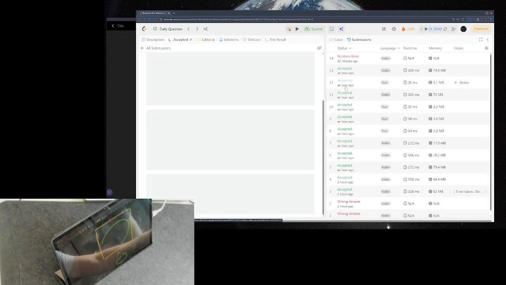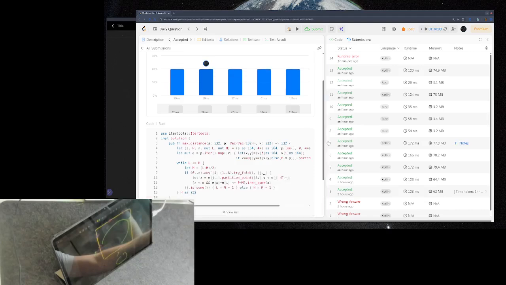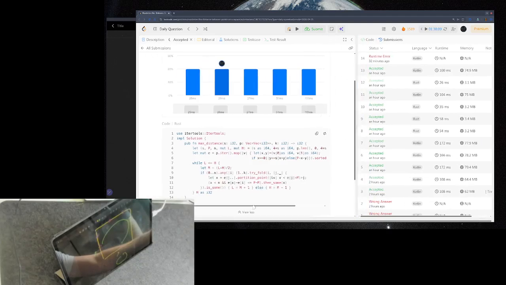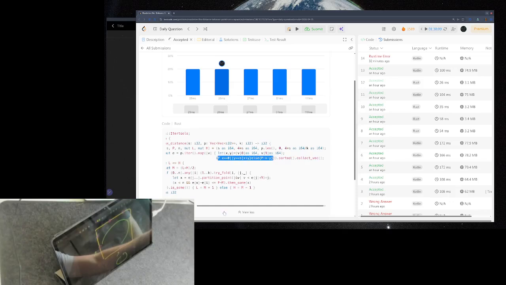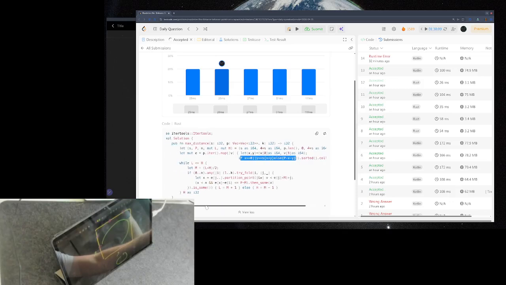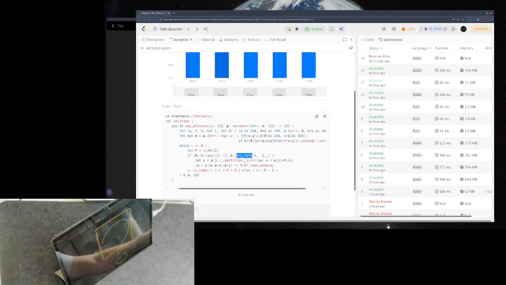Now let's look at the Rust solution. The same idea, different way to implement. I use collect_vec from itertools and sort it. This is the same as Kotlin, x plus y, p minus x plus y, and the interesting way to find is try_fold.